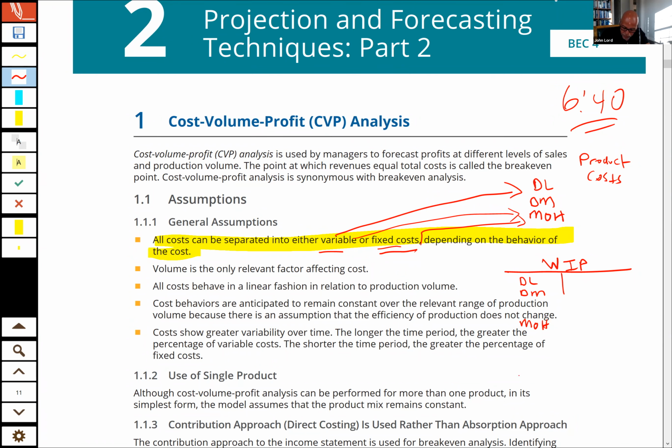Manufacturing overhead, of course, would have been applied to get into work in process. Okay. Now, once we have finished this job, we will do what? The cost of goods manufactured will come out of work in process and go into finished goods, right?